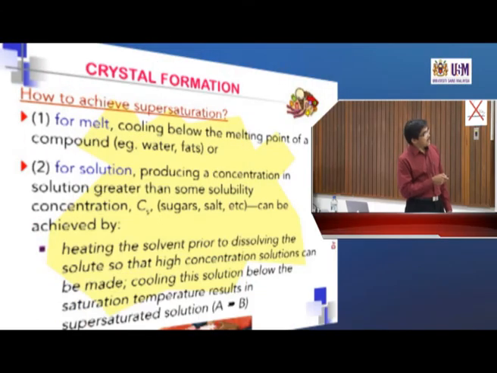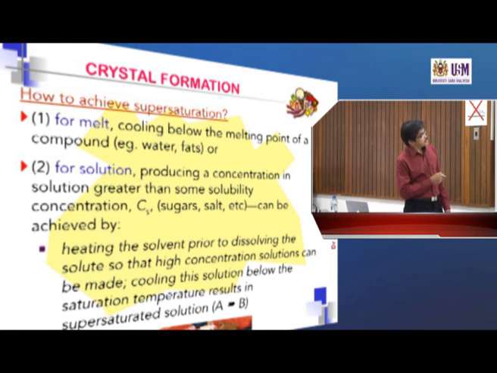And for solution, we have to produce a concentration in solution greater than the solubility concentration, and that is called supersaturation. This can be achieved by heating the solvent prior to dissolving the solute, so that high concentration solutions can be made. Cooling this solution below the saturation temperature results in a supersaturated solution.